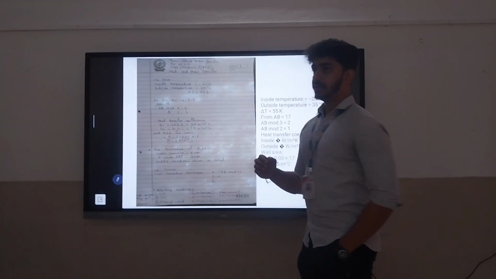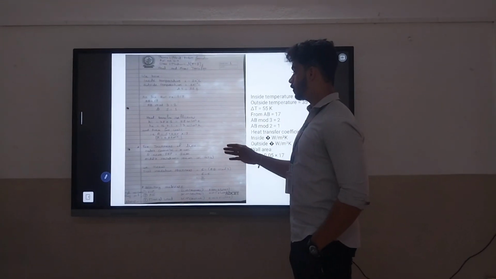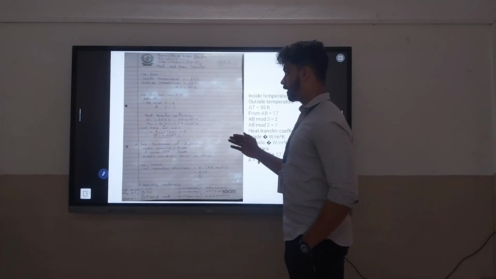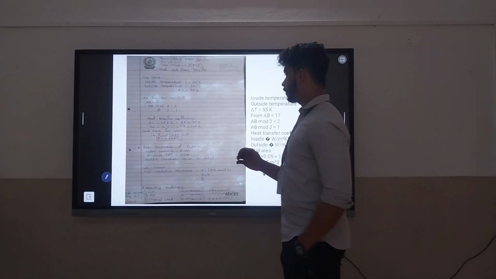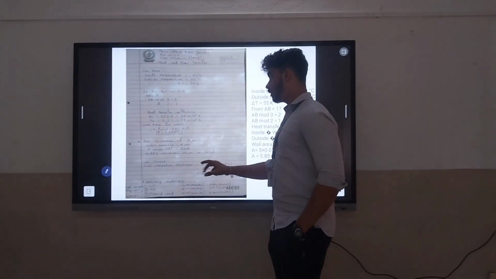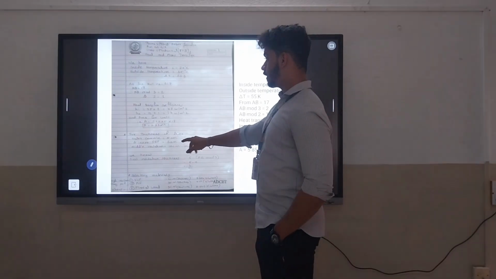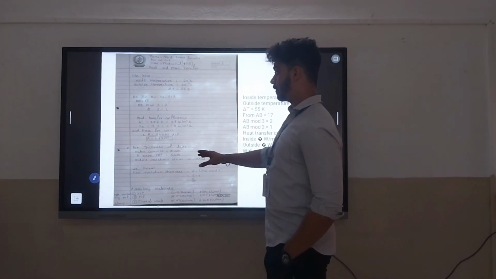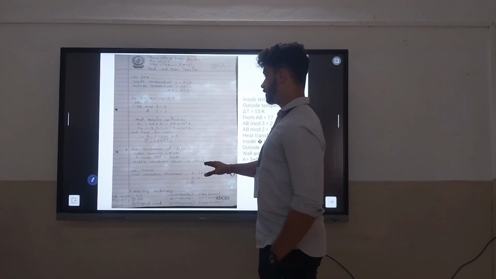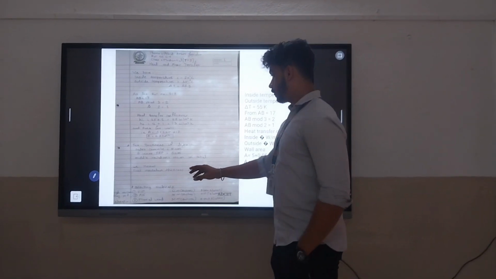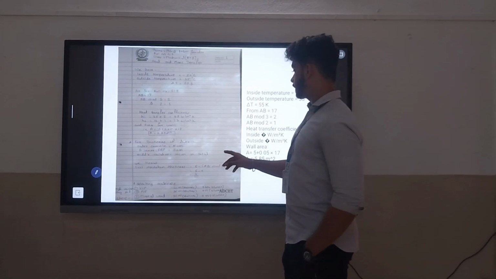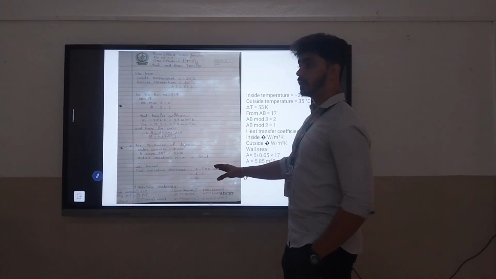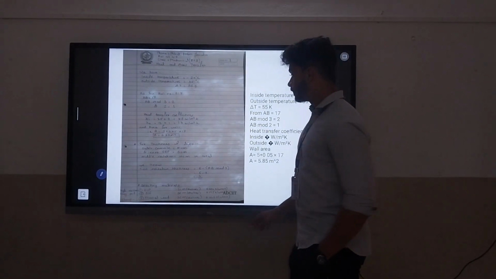So for finding thickness of each layer, we have to consider this inner and outer heat coefficient. The outside concrete layer is 5 centimeter and the inner FRP is 5 centimeter. Middle insulation is 10 centimeter in total. So first insulation thickness will be 6 minus AB mod 3, that becomes 6 minus 2, which is equal to 4.